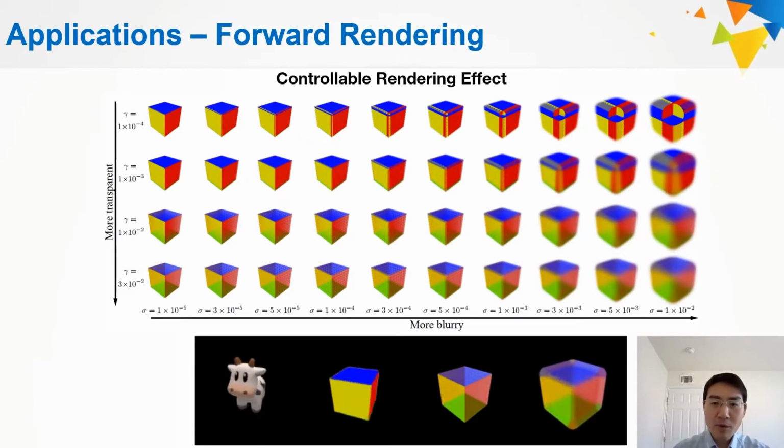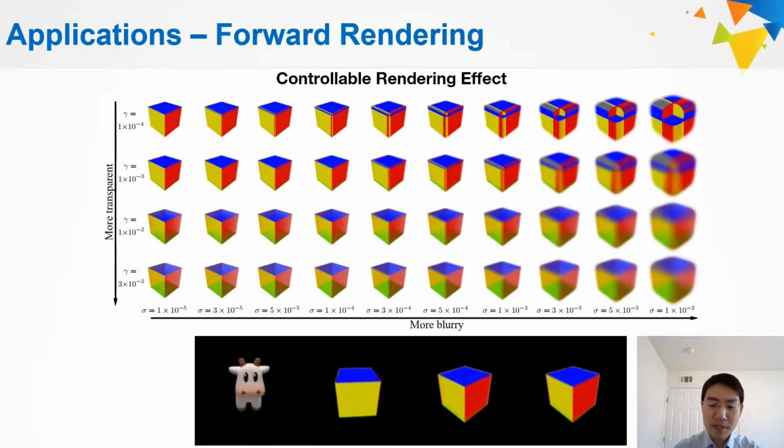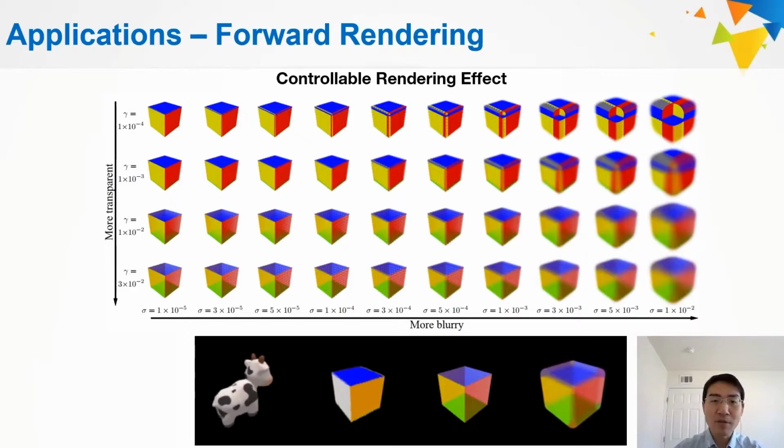And another parameter is sigma. Sigma is for the rasterizations. Because for the rasterizations, we use the sigmoid functions. So with bigger sigmas, the edge of a triangle becomes more and more blurry, so that we can see that different combinations can have different kinds of results.